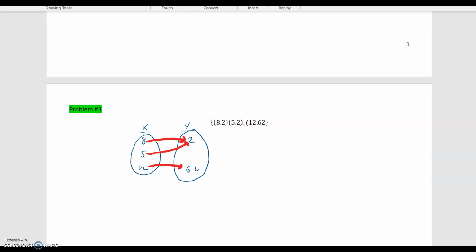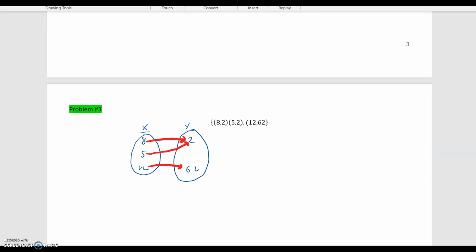Now, notice that this situation is okay. I do see that 2 x's go to the same y, but they're different x's. What you cannot have is 1 x giving you 2 different y values.